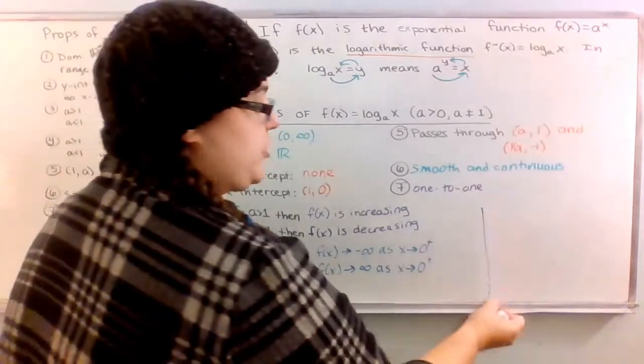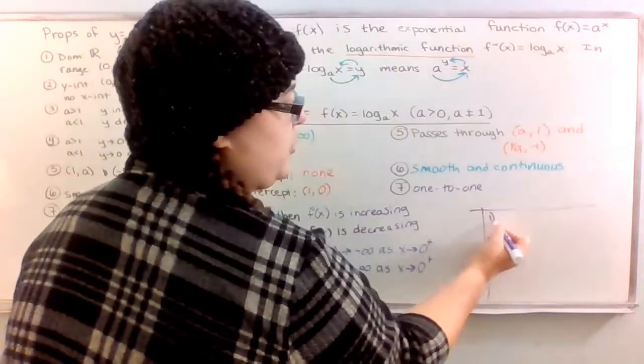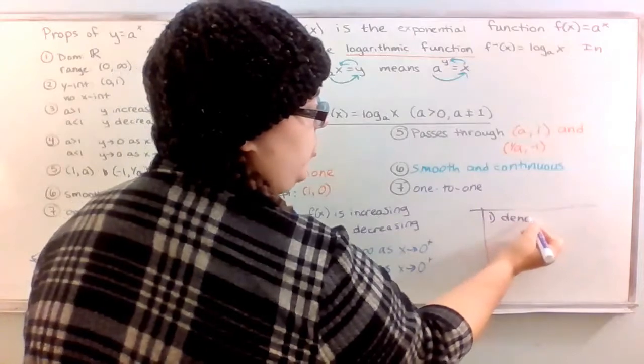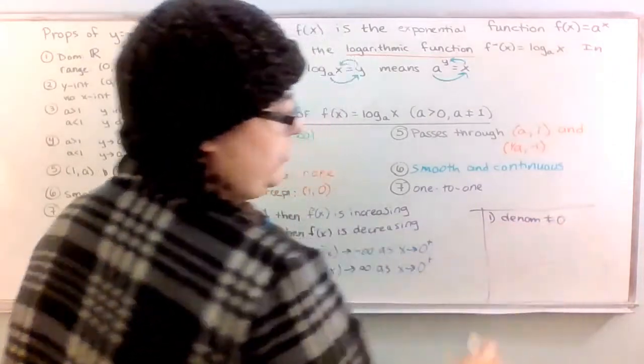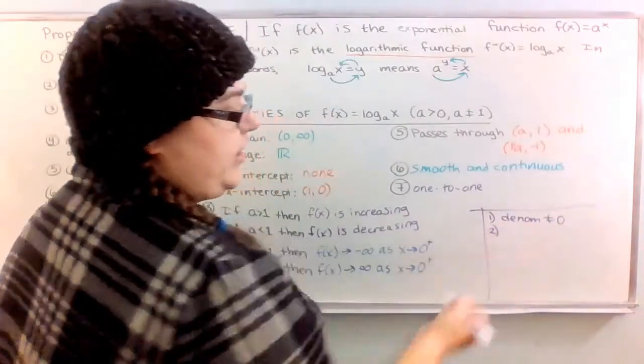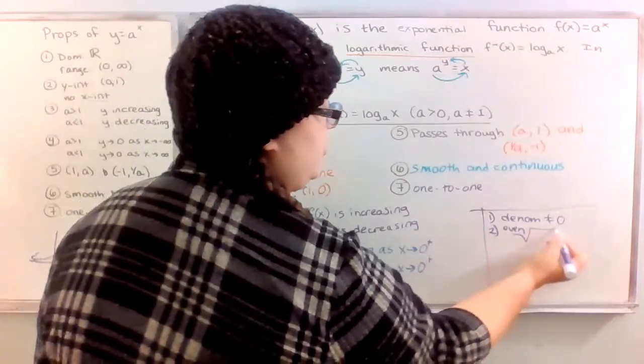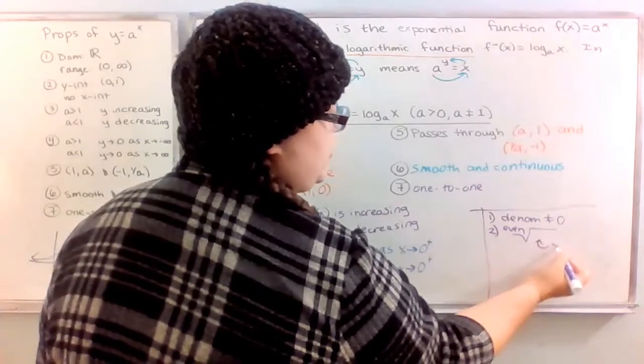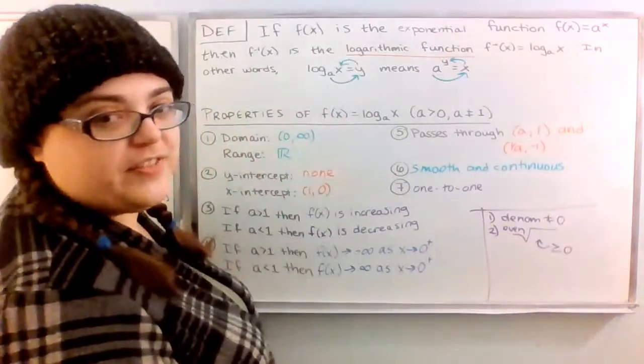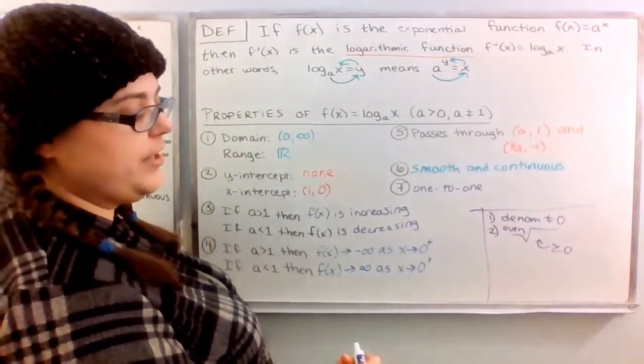So when we're looking for domains in general, remember, we're checking that a denominator is not equal to 0. And then if I have an even root, then the radicand has to be greater than or equal to 0. The stuff inside has to be bigger than or equal to 0.